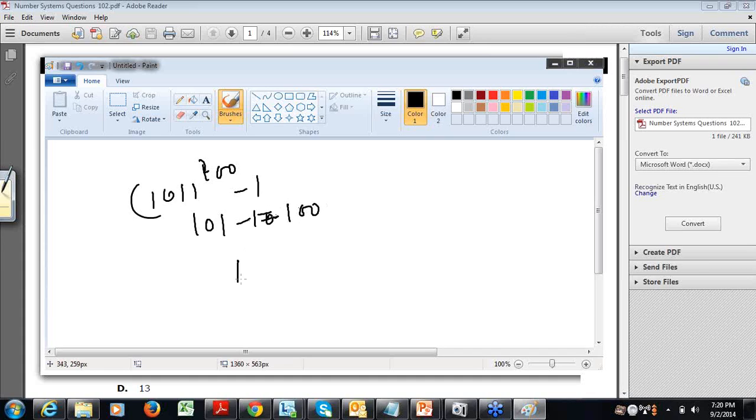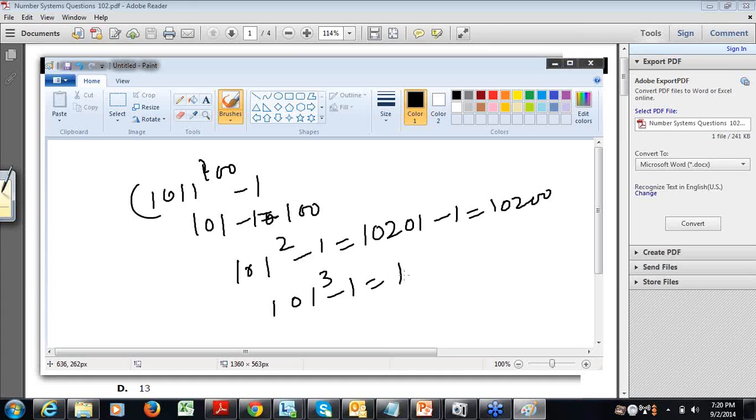So 100 will perfectly divide. 101 square minus 1 will be what? 10201 minus 1, so 10200. So 100 will perfectly divide. 101 cube minus 1 will be what? 1030301 minus 1, so 1030300. Again 100 will perfectly divide.